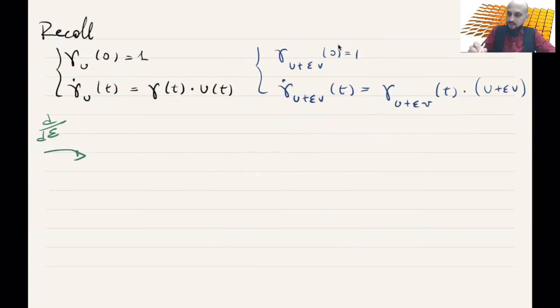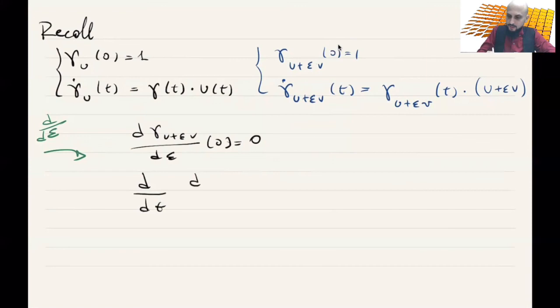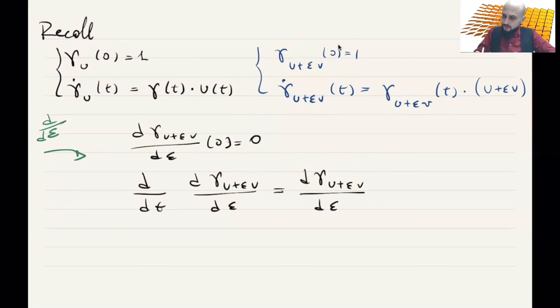What do I get is that d gamma of u plus epsilon v divided by d epsilon at 0 is the 0 vector, and d over dt of d gamma of u plus epsilon v over d epsilon satisfies the following: d gamma of u plus epsilon v divided by d epsilon times u plus epsilon v plus gamma of u plus epsilon v times, sometimes, v. This is the system.